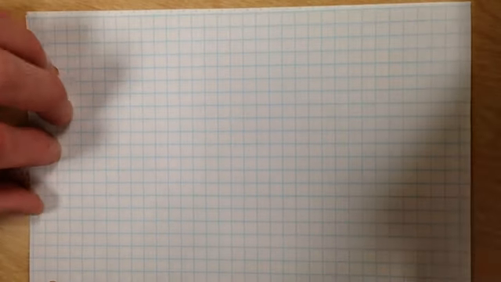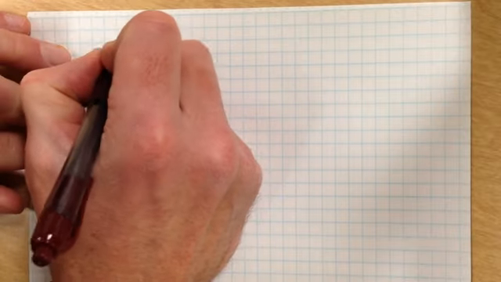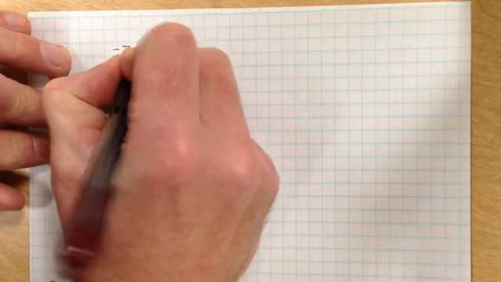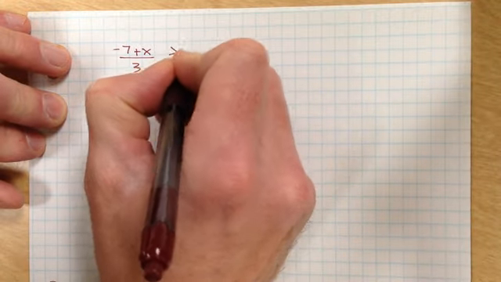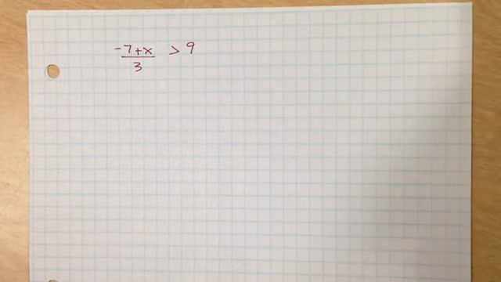A few more here. Hopefully you're picking this stuff up. Say we have -7 plus x divided by 3 is greater than 9.